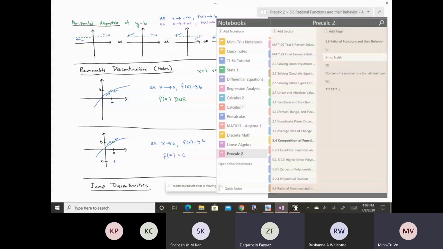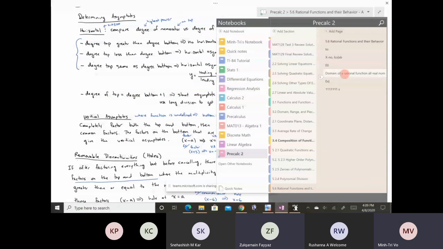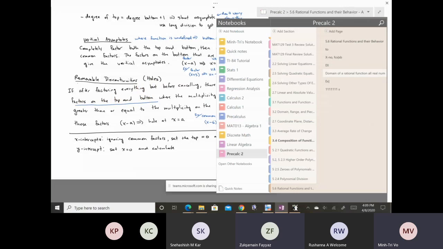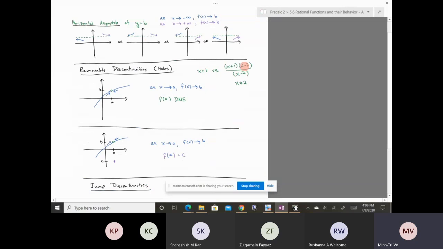That's why, if you look at the discussion on where holes occur, to determine where the holes occur, you look for common factors that appear on the top and the bottom. So something like this where x minus 2 appears on the top and the bottom tells you that you have a hole at x equals 2.